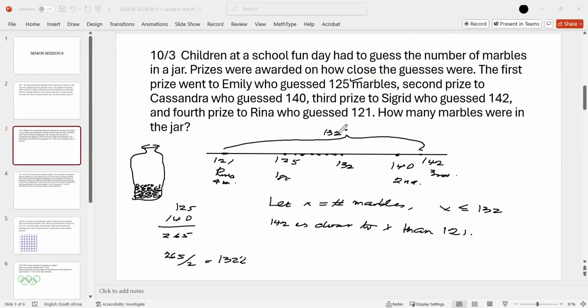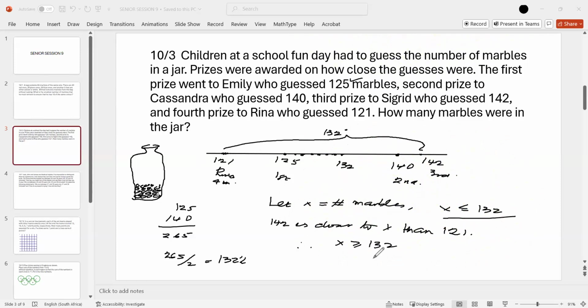So the distance between 132 and 142 is 10, and from 132 to 121 is 11. So she came third, he or she came fourth. So the X that you're looking for is greater than or equal to 132. It must be on this side, because she came third and she came fourth.